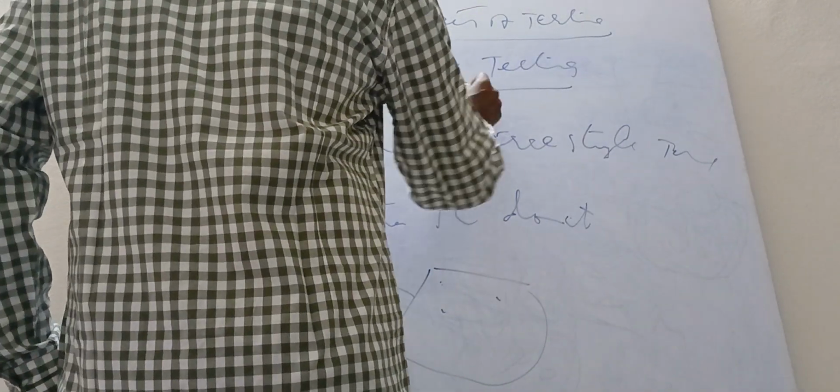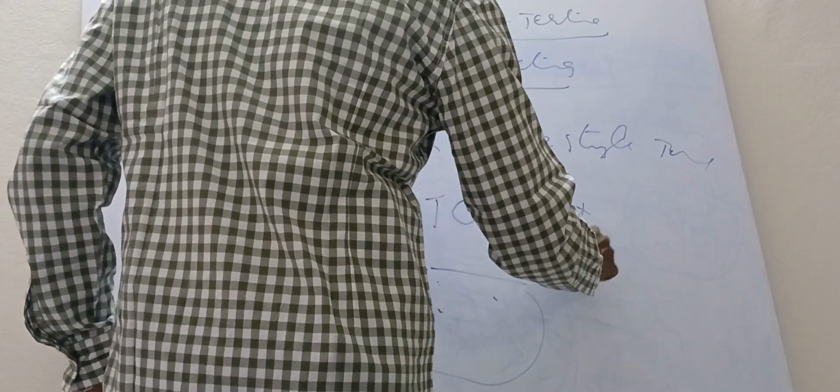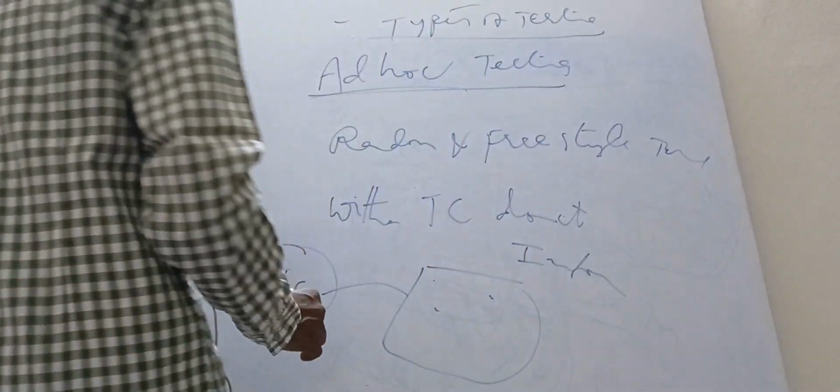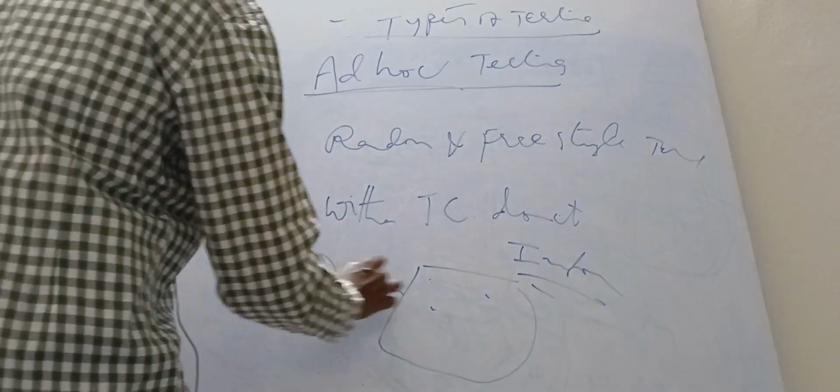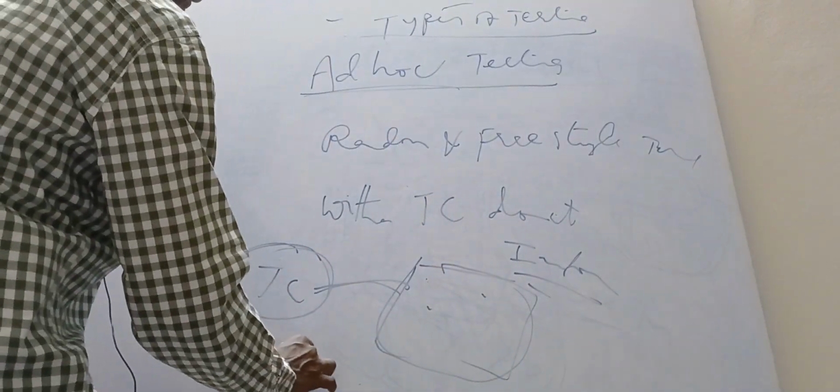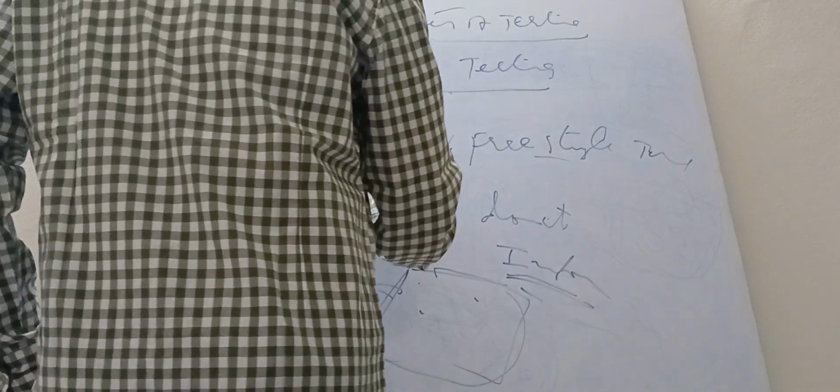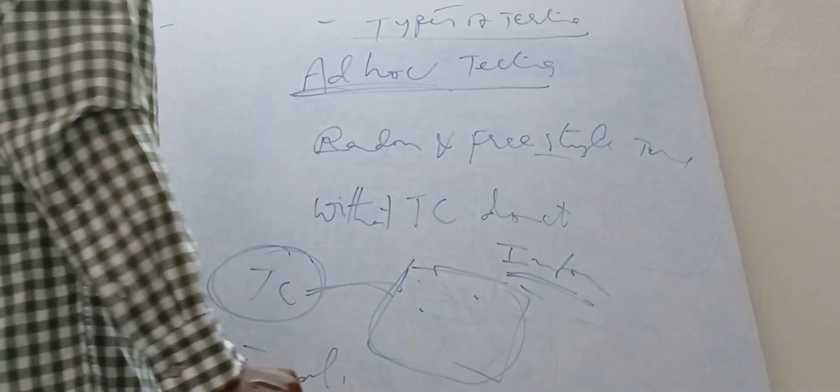Ad hoc testing is an informal testing. Suppose you execute the test cases on the functional application, that is formal testing. So ad hoc testing is informal testing. It is random and freestyle testing conducted without using the test case document.